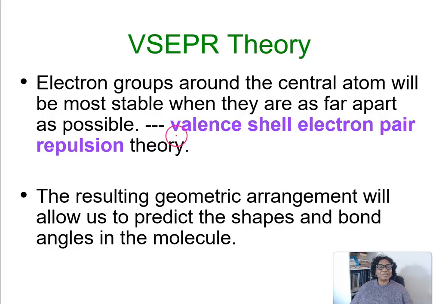So I want to talk about the valence shell electron pair repulsion theory. This theory says that electron groups around a central atom will be most stable when they are as far apart as possible.